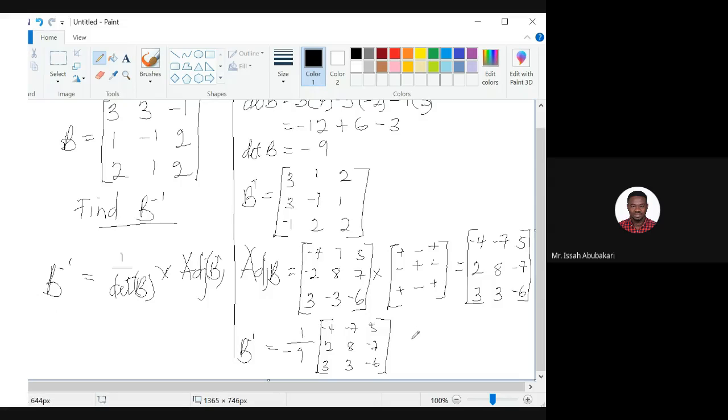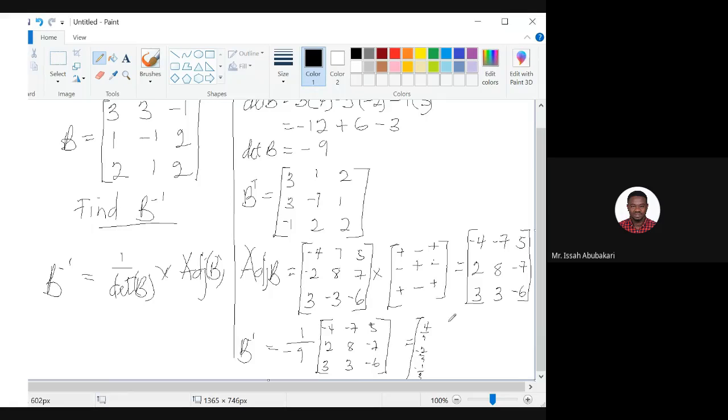And our inverse will be equal to: -4/9 becomes plus 4/9, then -2/9, and the last one is -1/3.